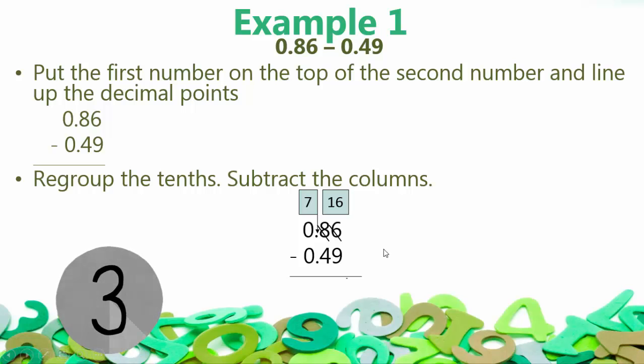So now we can subtract 16 minus 9 to get 7, 7 minus 4 to get 3, and then 0 minus 0 is just 0. So we end up by bringing the decimal point down. See how the decimal points line up? We end up with 0.37 as our final answer.